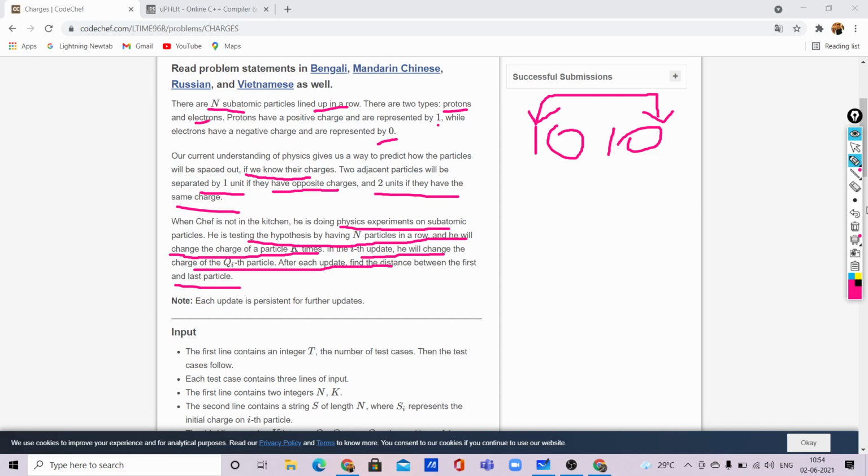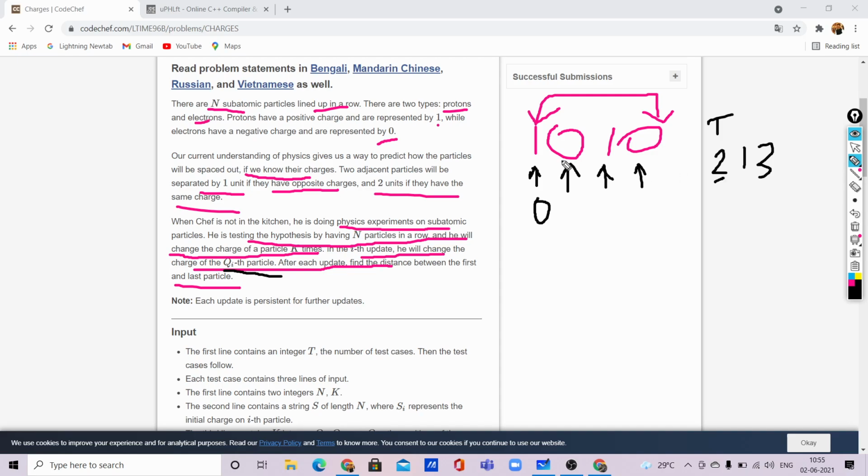But there is a twist over here. The twist is, in each step chef will be changing any of these from 1 to 0 or 0 to 1. Means he will complement it. Means if there is a 1 over here, then in the next step it will be converted to 0, but he will be giving the position. In the test cases, he will be giving an array q of positions, and he will be changing for k times.